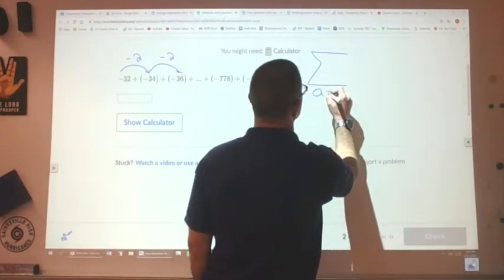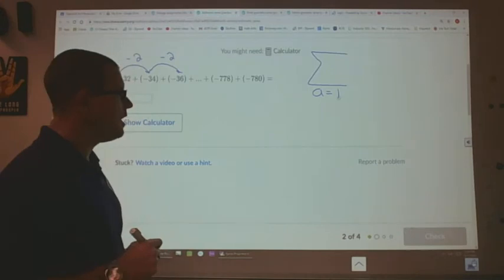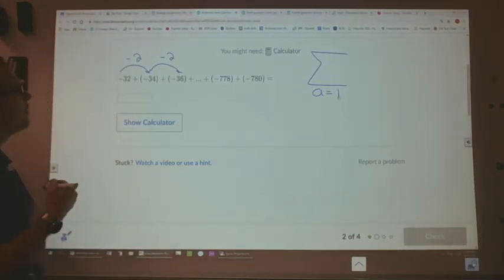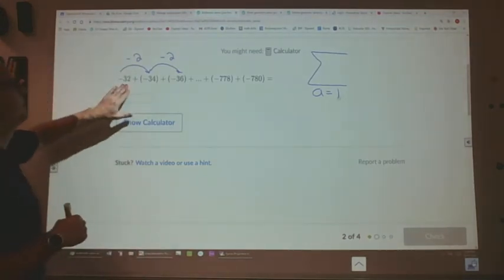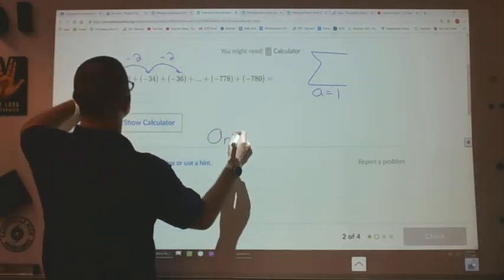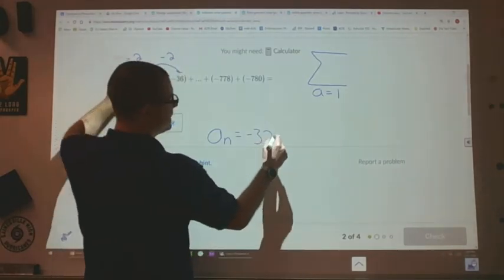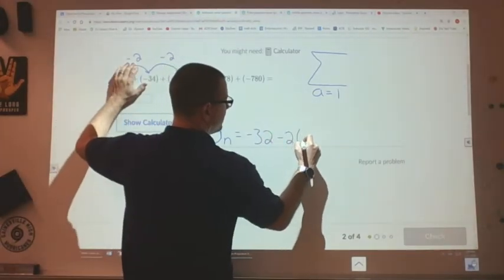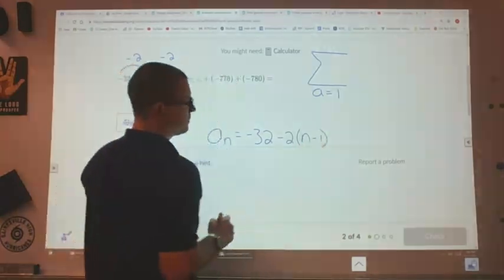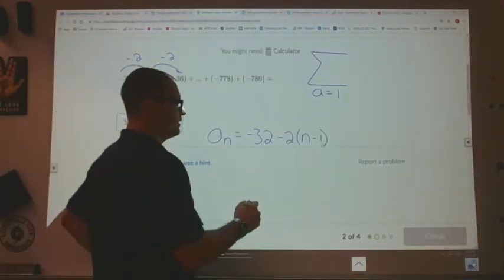Let's do A. I don't know what this last index is, but I can build my formula in that I know A sub n is equal to A sub 1 plus the difference times n minus 1. So arithmetic sequence formula. And I'm going to simplify this.